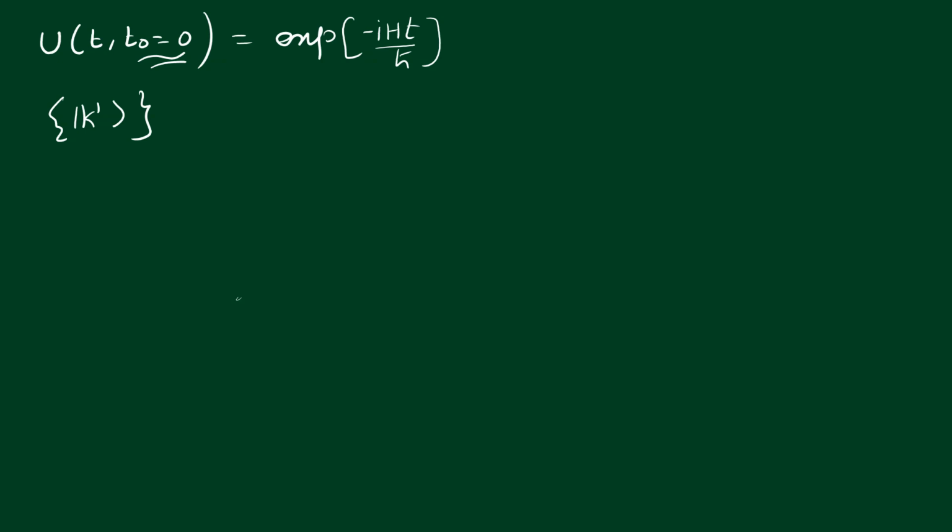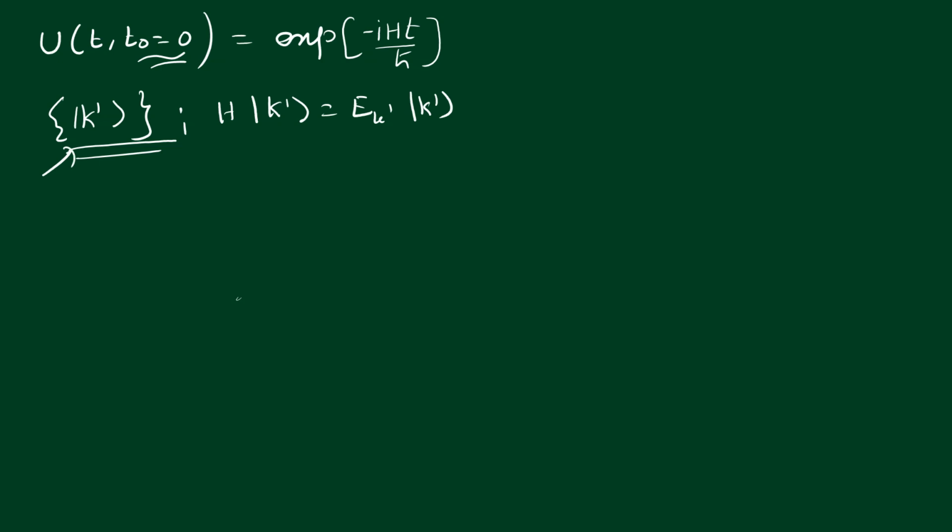So we choose base vectors, denoted by the set K prime, in such a way that the Hamiltonian acting on ket K prime gives you E K prime multiplied by ket K prime, where E K prime are the energy eigenvalues.